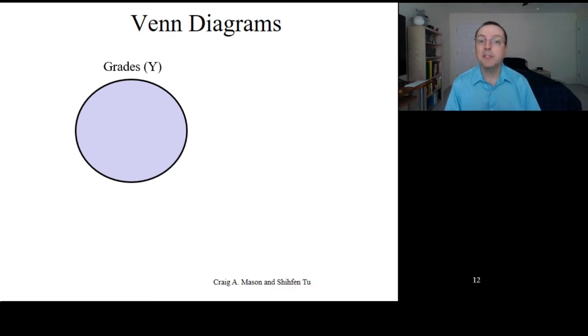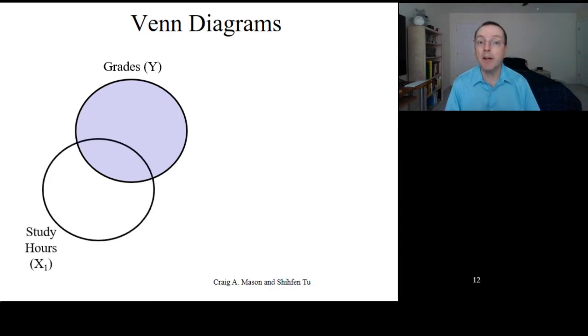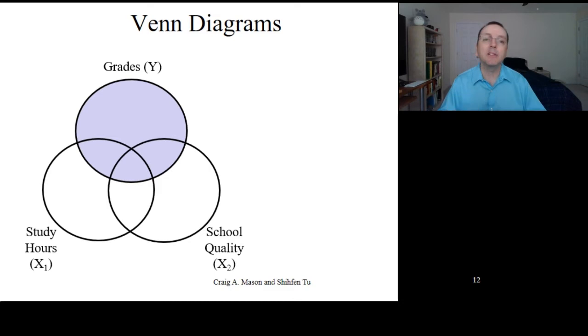And then here's study hours reflecting the variability in how many hours kids study, and school quality reflecting that variability in school quality. As we see, all the circles overlap, reflecting the fact that all three of these variables are correlated with each other.